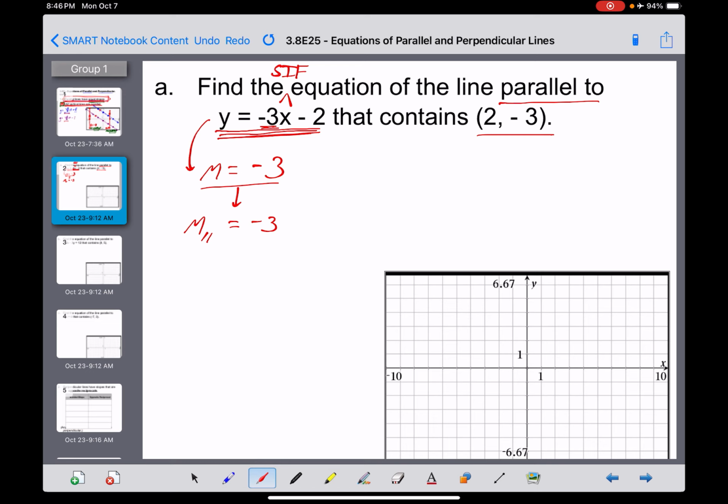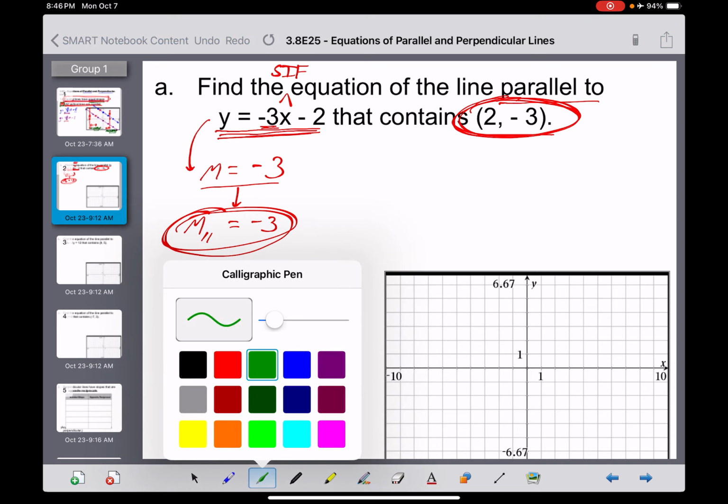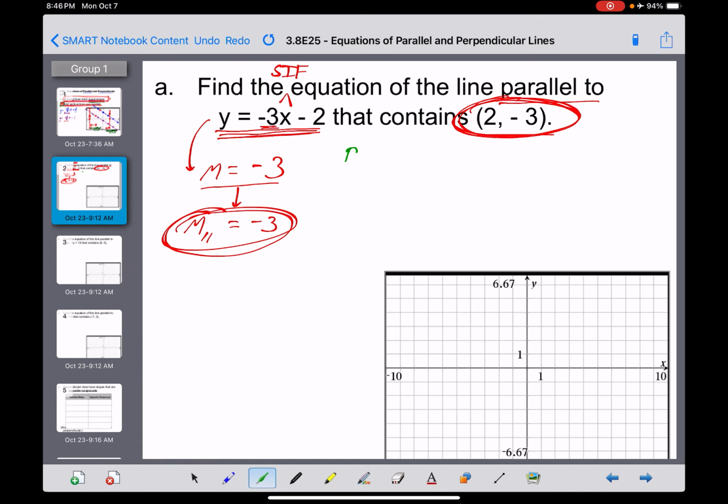So right now, you guys, we know the slope of our line, and we also know a point that it passes through. Let me say that again, but backwards. We know a point on our line, and we know the slope. So if we know a point and the slope, we are going to go to, you guessed it, point slope form.